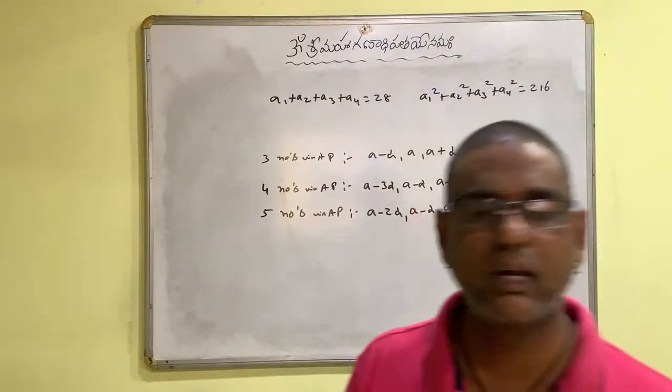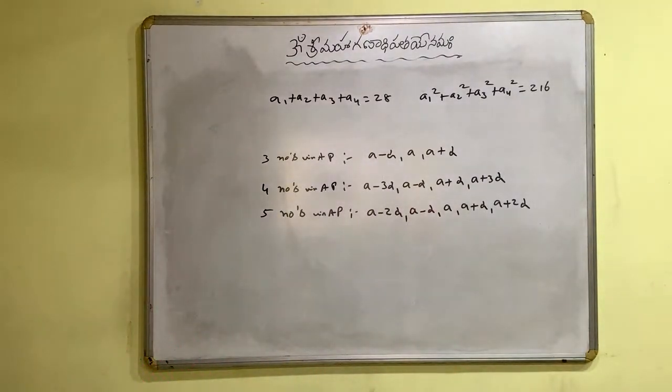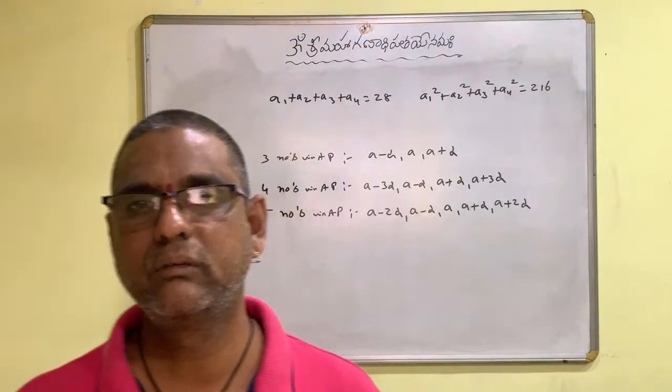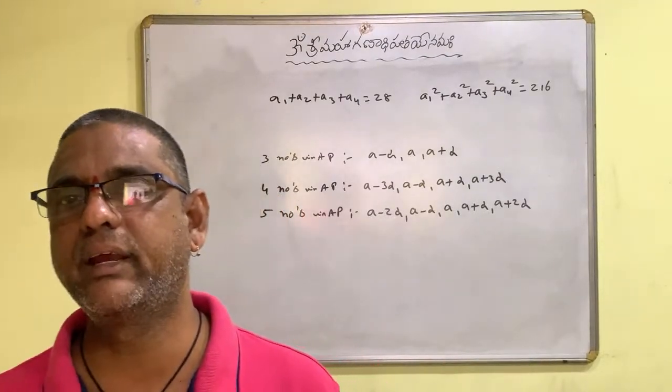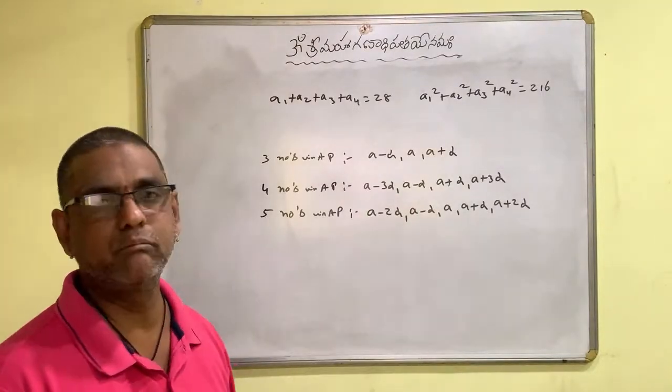Even though you will get the answer, it will take more time. But from the examination point of view, whatever you think is not suggestible. So you can consider the numbers like this.